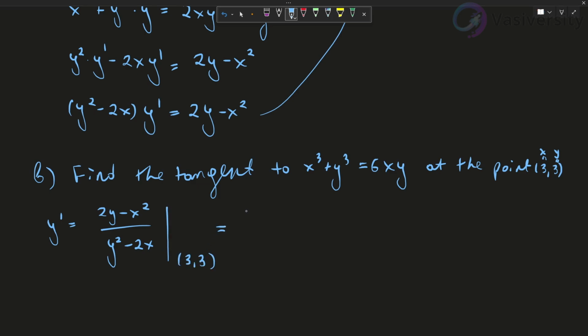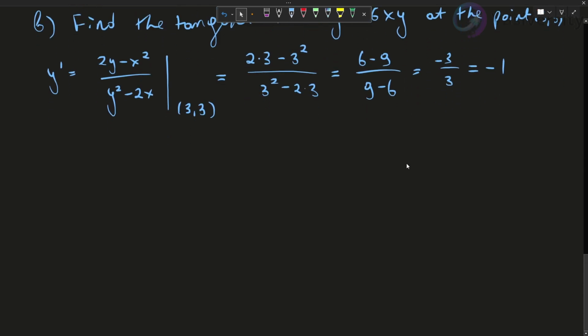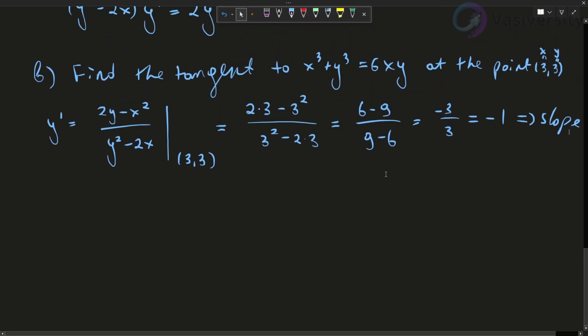So that's equal to 2 times 3 minus 3 squared over 3 squared minus 2 times 3, which is equal to 6 minus 9 over 9 minus 6, which is equal to negative 3 over positive 3, which is equal to negative 1. So that is a slope, right? This is a slope at the point 3, 3.